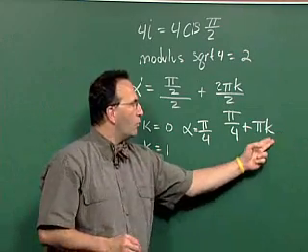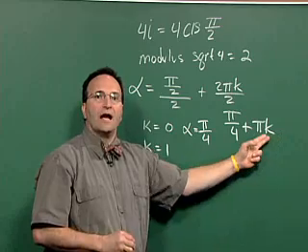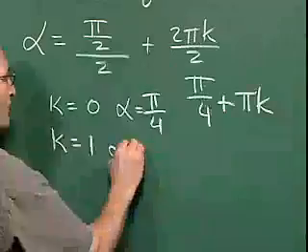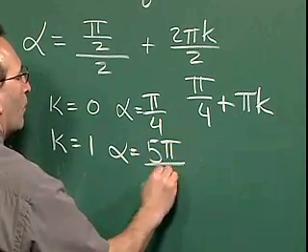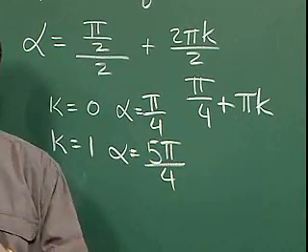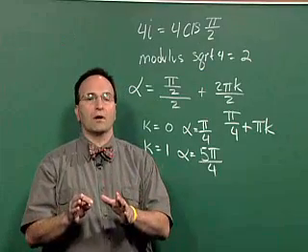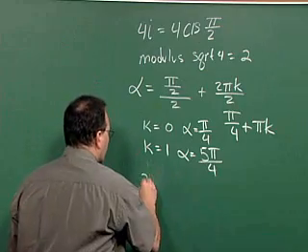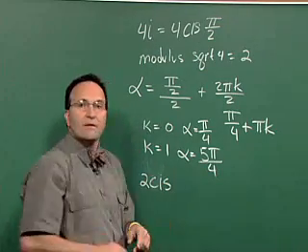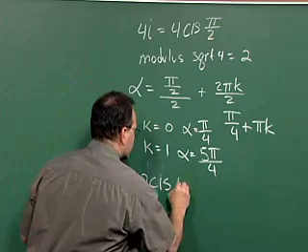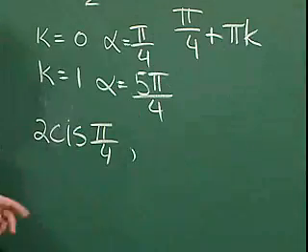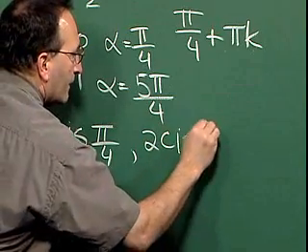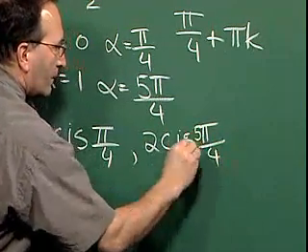We plug in 1 for k times pi is pi, plus pi over 4 gives us alpha equals 5 pi over 4. So now our polar form for these roots would be 2 cis pi over 4 and 2 cis 5 pi over 4.